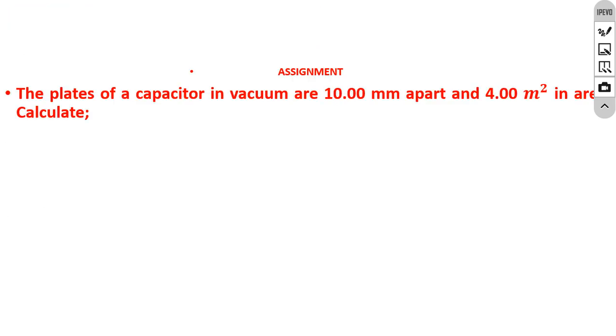Assignment. The plates of the capacitor in vacuum are 10 millimeters apart and 4 meters square in area.